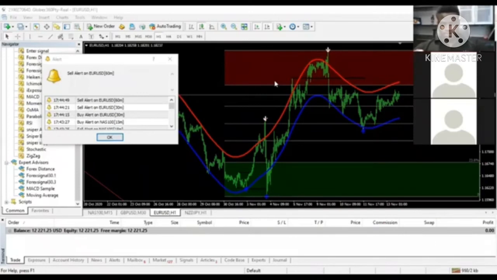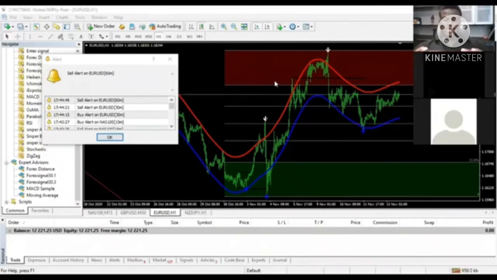Can you please mention those 3 rules first, or can I wait for the recording? You can watch the recording again, but then I shall repeat them. For you to buy, the market needs to be playing around the demand zone, and your demand zone is indicated by this green bar. That's number one.